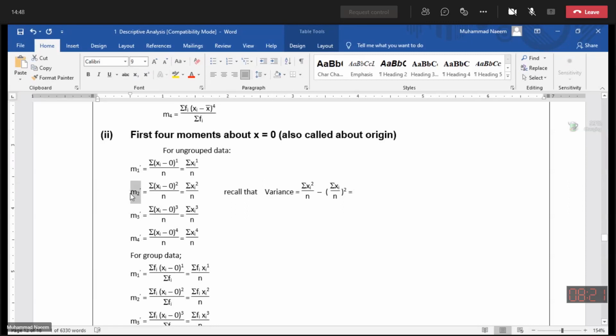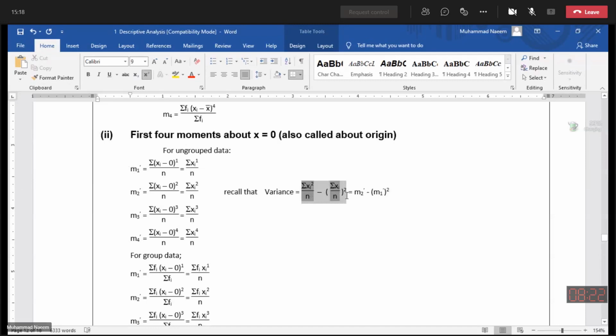M2 prime minus square of M1 prime. So again, we have the definition of the variance.